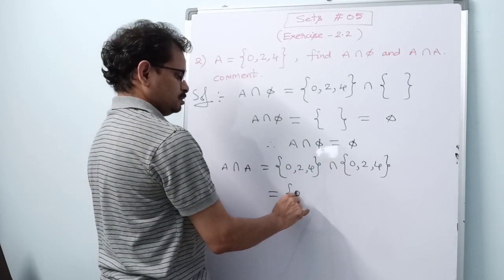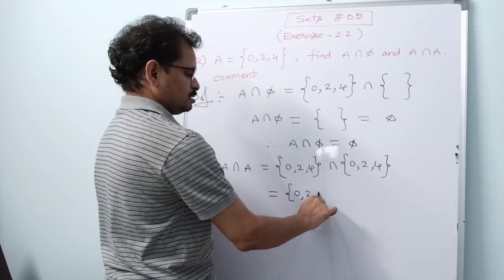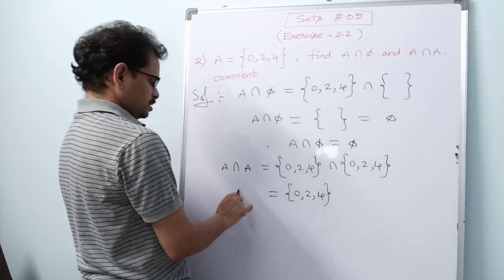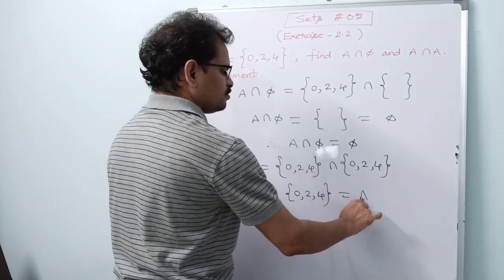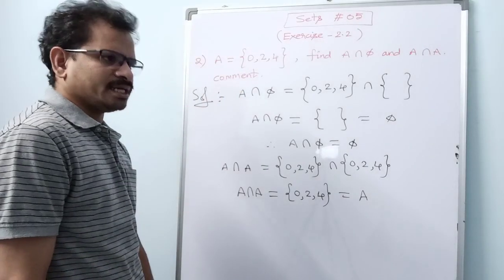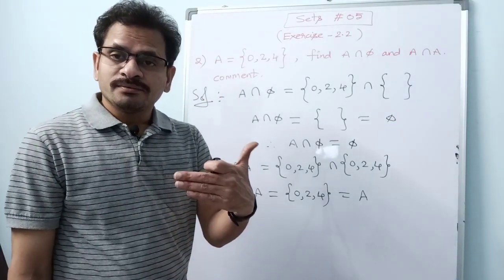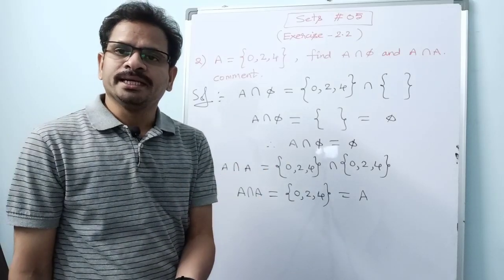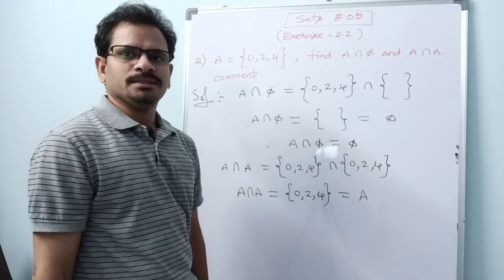So 0. 2 is there here, 2 is there. So 2. 4 is there here, 4 is there. So A intersection A equals this much. What is this? This is equal to A itself. So the intersection of a set with itself is again the same set. So A intersection A equals A only.